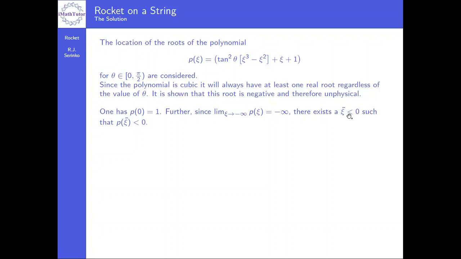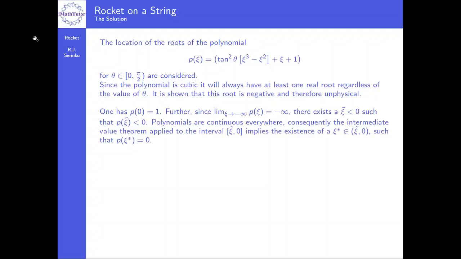We can conclude from this that there exists a z tilde such that p of z tilde is negative. Now polynomials are continuous everywhere, consequently the intermediate value theorem applied to the closed interval z tilde to 0 implies the existence of a z star in the corresponding open interval, such that the polynomial vanishes at z star.